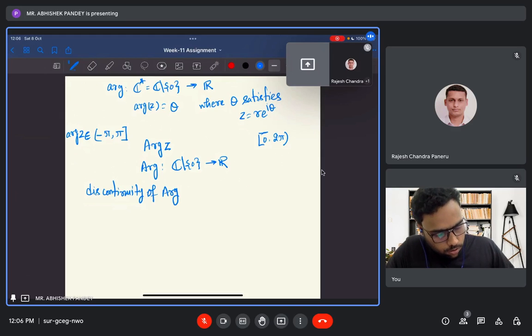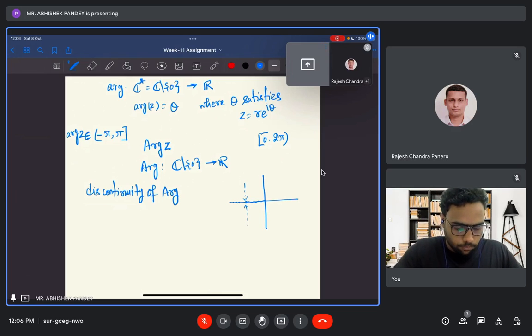Take the negative real axis. Once you take any point on it, you converge from the upper half plane and from the lower half plane through this line.